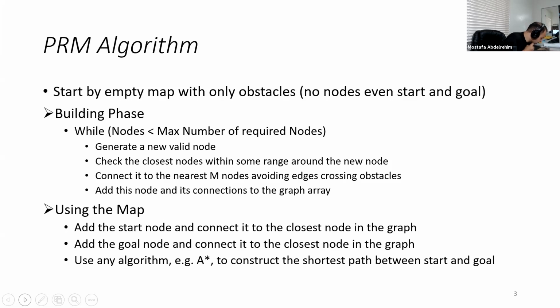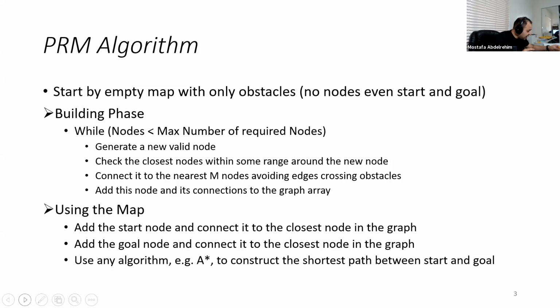Any PRM algorithm has two phases. The first is the map creation phase, which I just talked about. You don't have any map; the robot just knows the obstacle locations, and based on that and some other parameters, it will build the map.